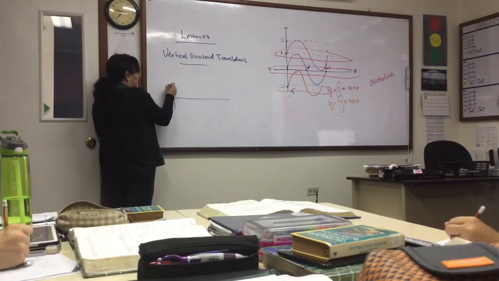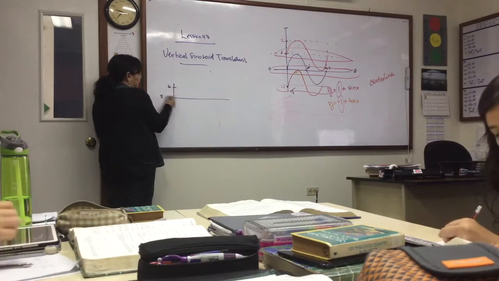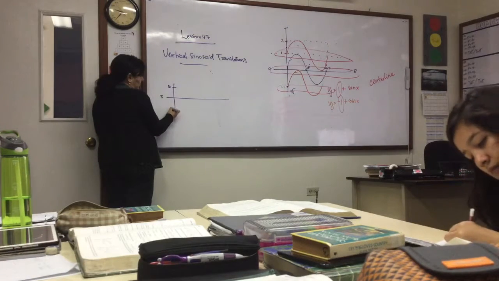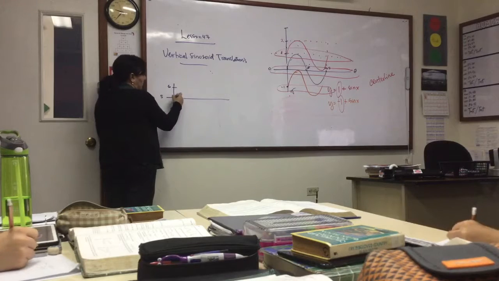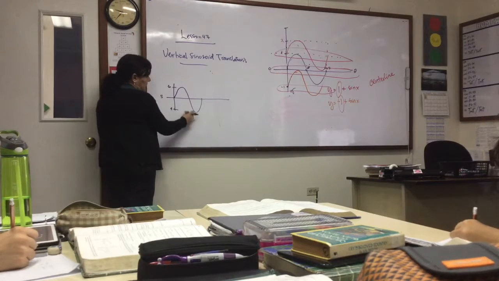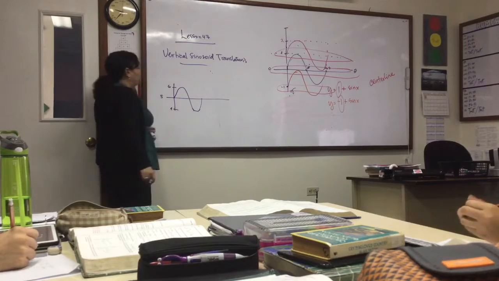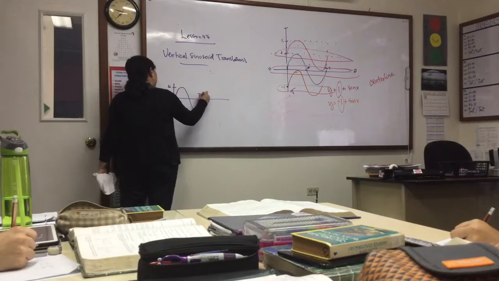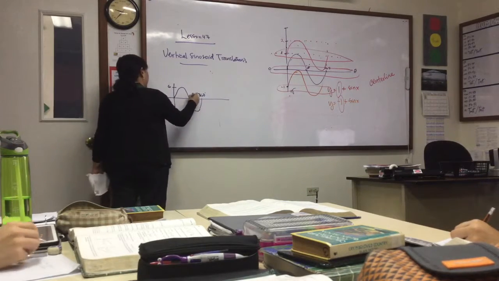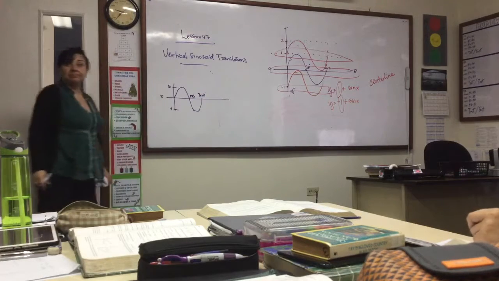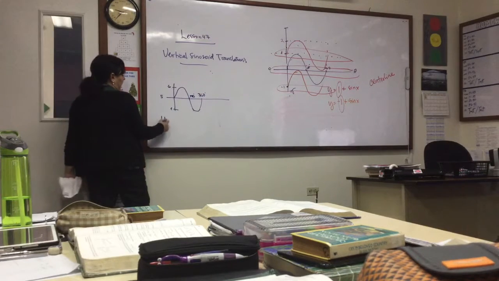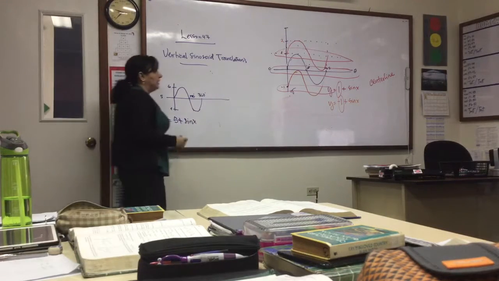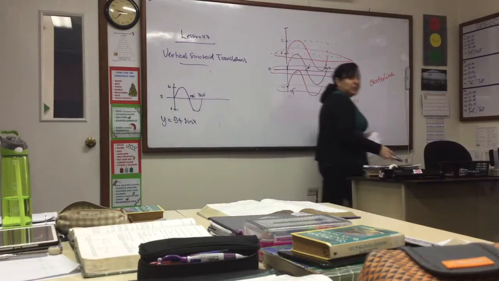Let's say that this is 6, this is 5, and this is 4. What would the equation for that one be? Y equals 5 plus sine x. Very good. Now, that's easy to understand, right?